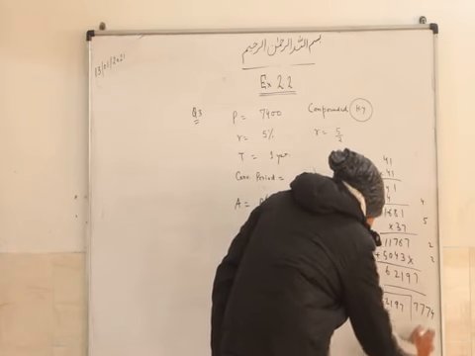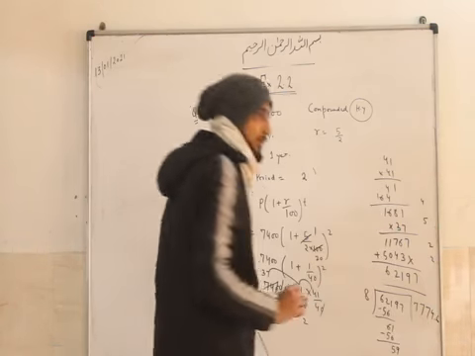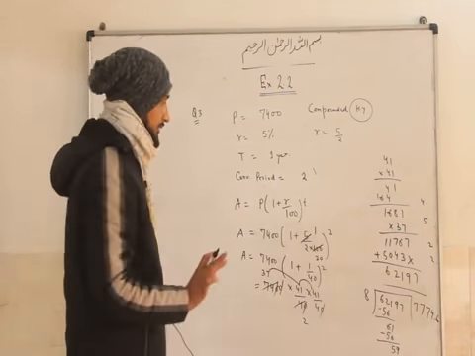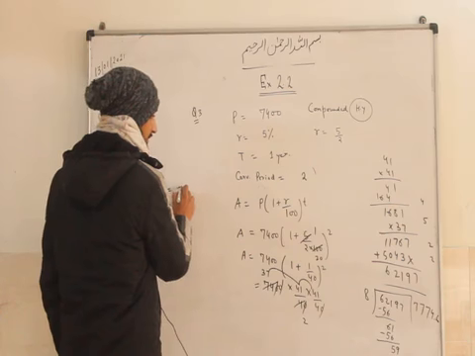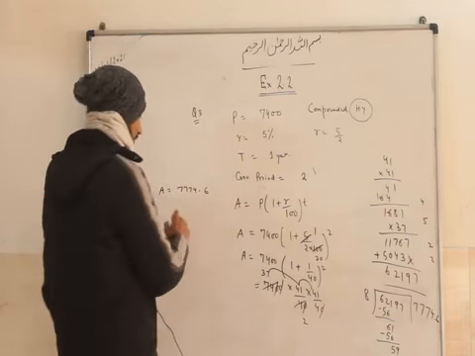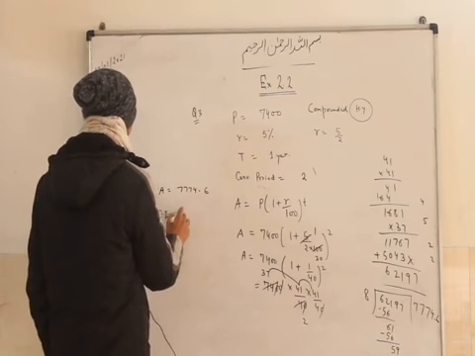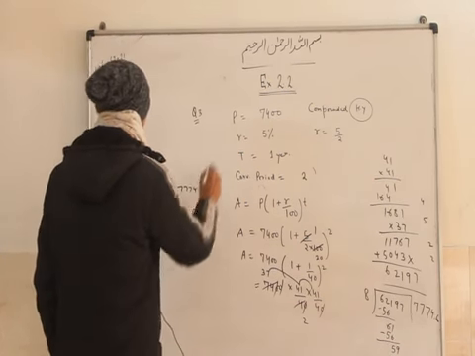Then 5 will be left, so we are taking point 8 6. Okay, so we are taking only up to 1 decimal, that is fine. So the amount is coming 7774.6.